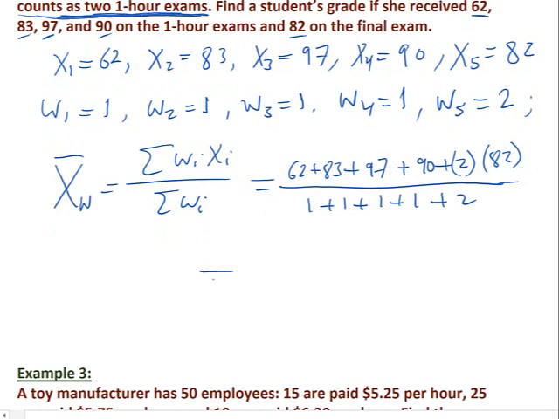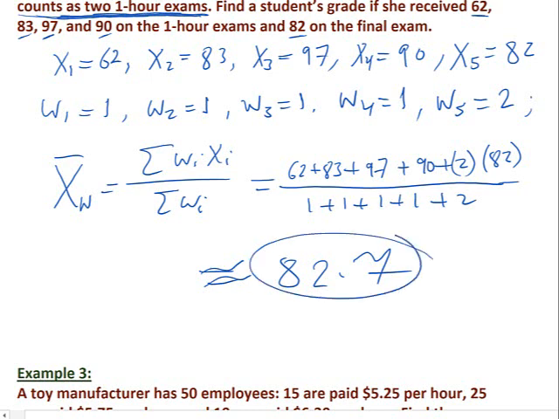The final answer is 82.7, up to 1 decimal place.